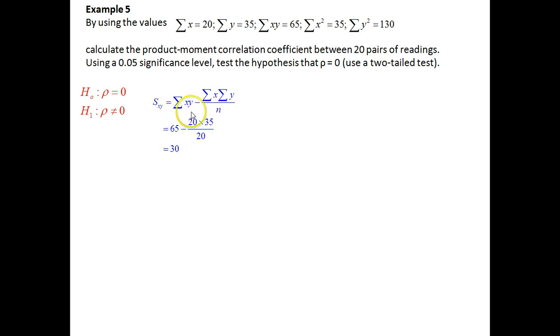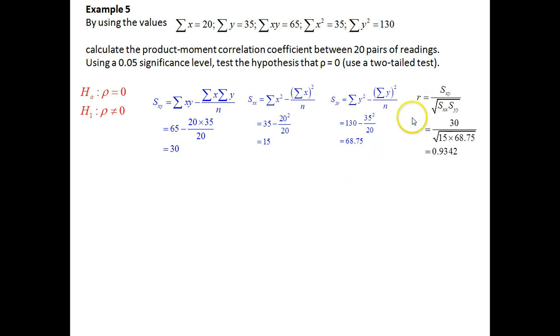Sxy is the sum of the products minus the sum of x multiplied by the sum of y, divided by 20. So we get 30 for Sxy. Sxx similarly, 35 minus 20 squared over 20 gives us 15. Syy is 130 minus 35 squared over 20, giving us 68.75.